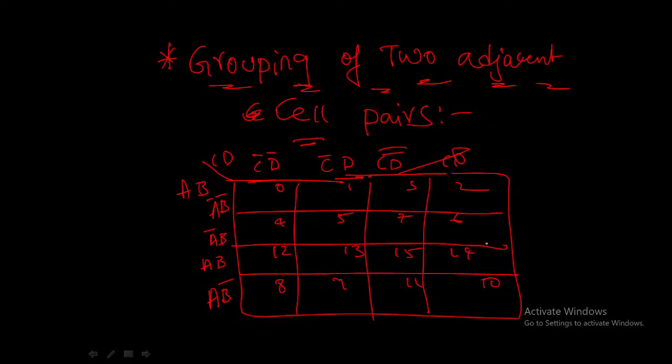So let's say this is our 4 variable K map. Now, if we have minterms, let's say here, here, and here.